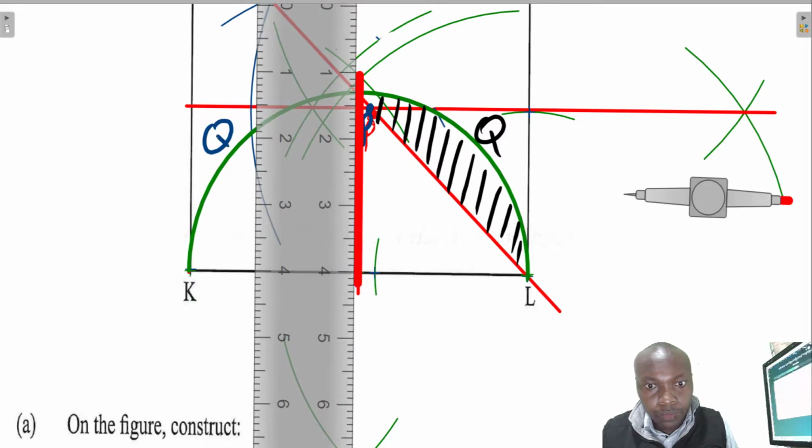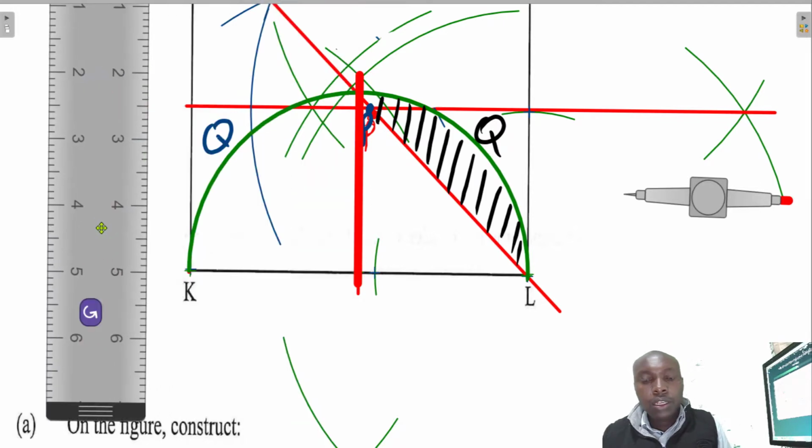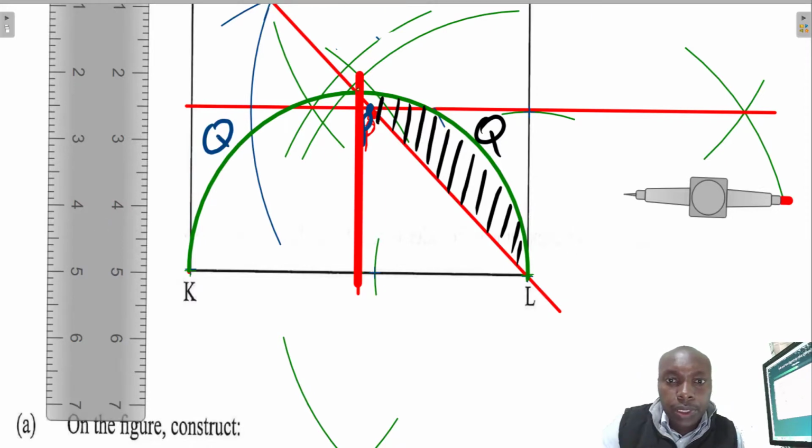I've made a thicker line for easier visibility. Of course, we now need to get the area of the shaded region.